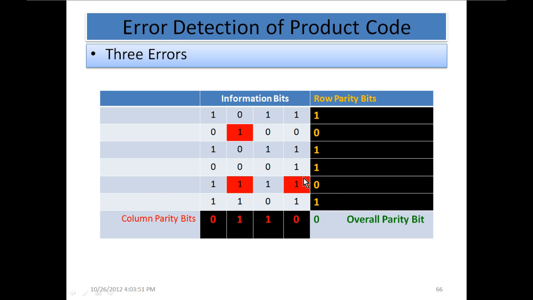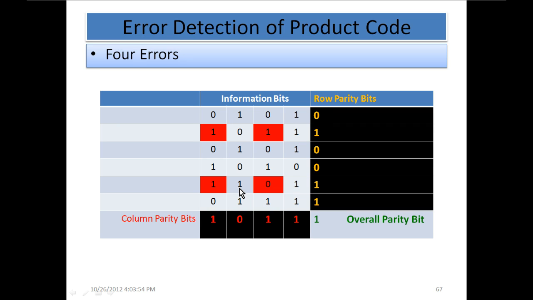Go through this code word, the number of errors is even, so it is again not detected. So only one error is detected, but its location cannot be determined because the number of errors in this vertical code word is even. So in this case we can say the error is detected but cannot be corrected.